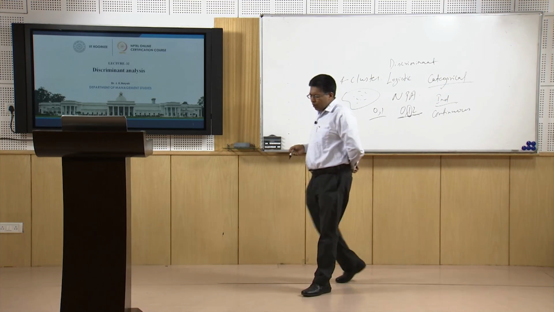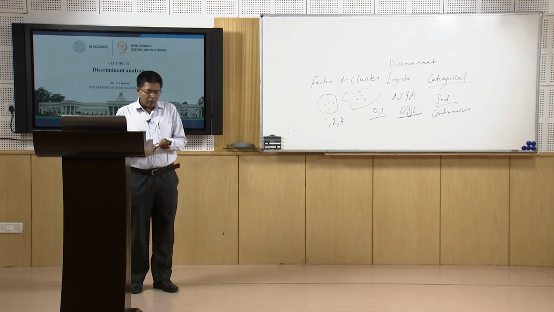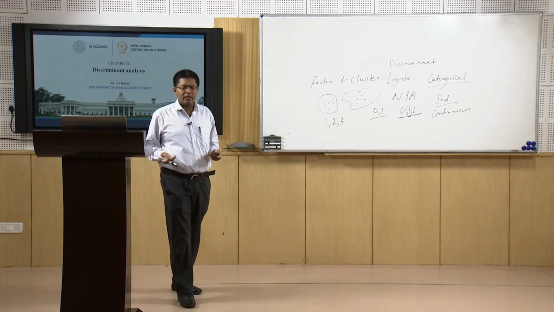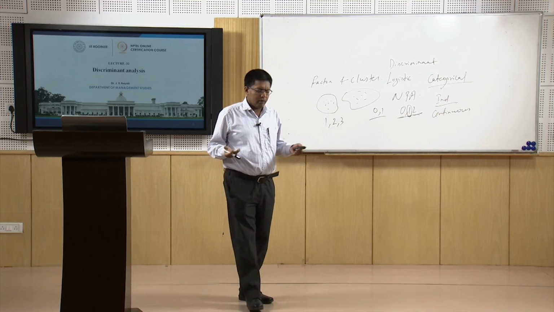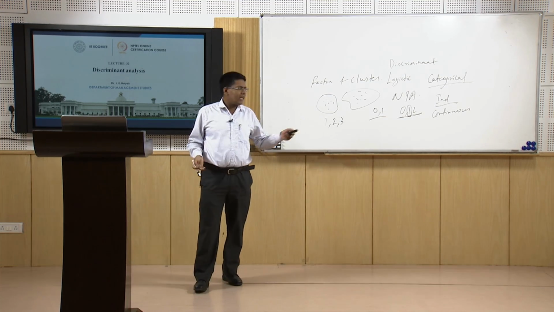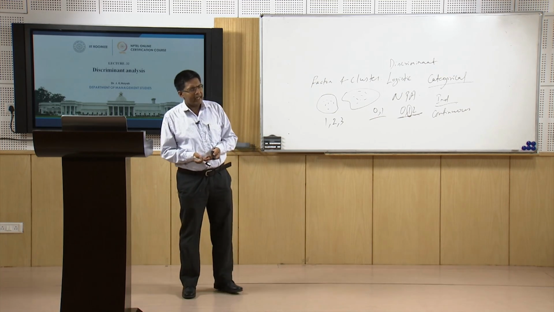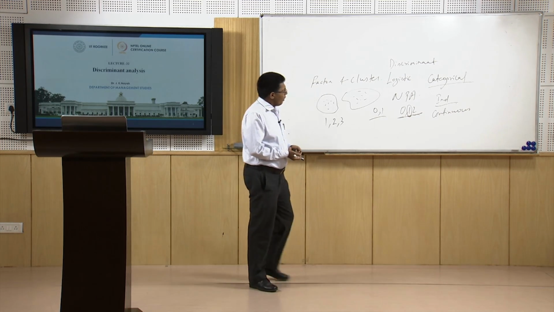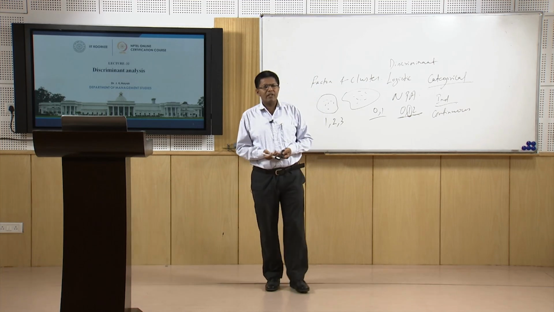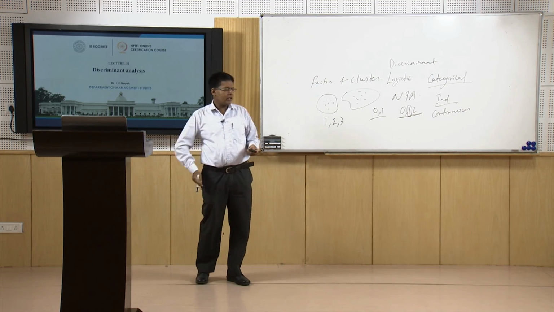So, what is the way the researcher is going to work on such a problem? To do this, as I explained, we have discriminant analysis and logistic regression. Before I go further, what is the basic difference? Logistic regression is a special case of regression which I will take up in another session.